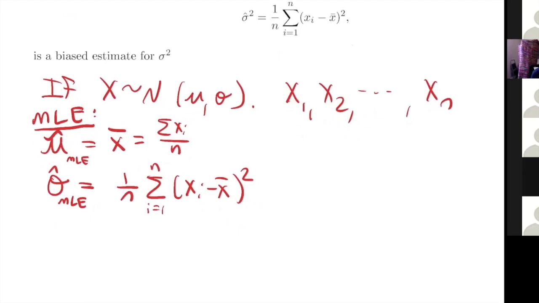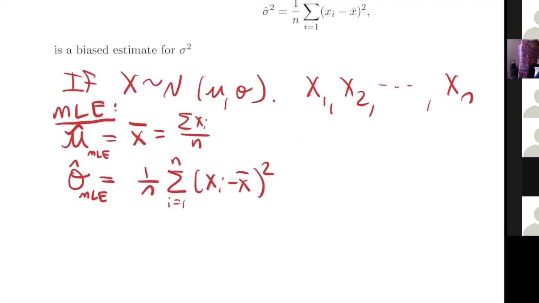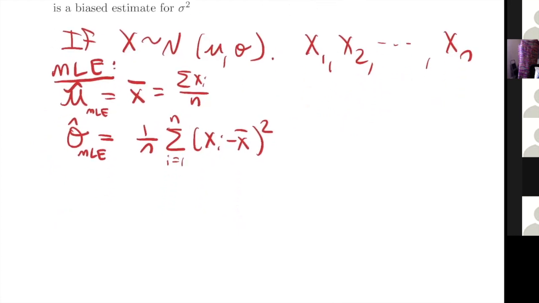And if we want to see whether these are biased or not, we want to see, okay, does this equal 0 or not?